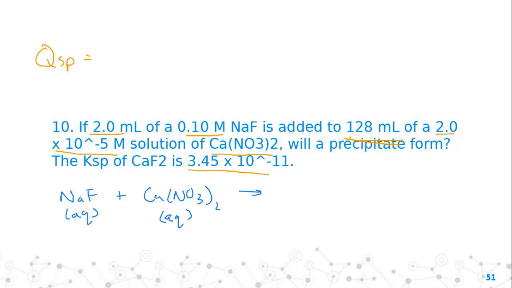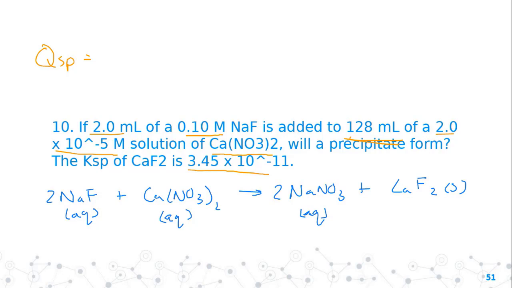And so we're forming NaNO3, which will also be aqueous. They're both spectator ions. And then calcium fluoride, this one is the solid, so it should precipitate. So this is our balanced equation.